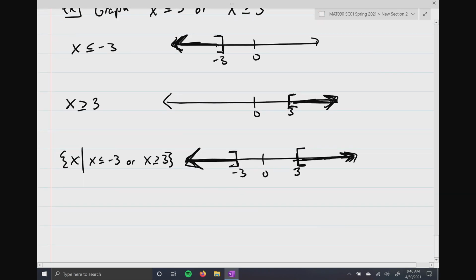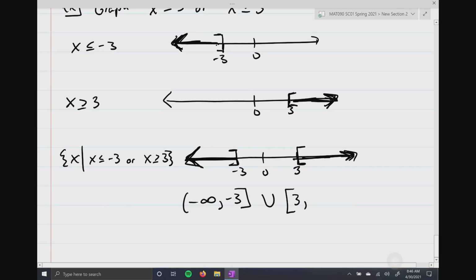So our solution in interval notation is going to be negative infinity to negative 3 with a bracket, union, bracket 3 to infinity. Does that make sense, everybody?